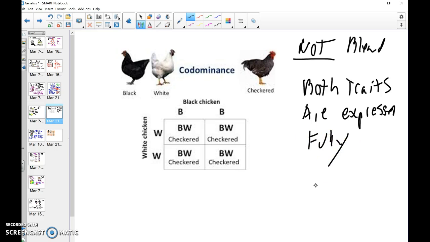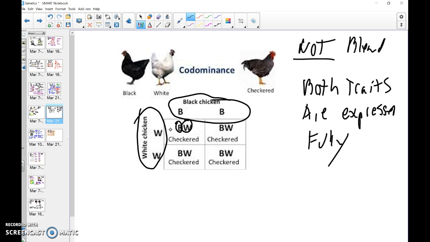Okay, so here's an example with chickens. All right, so you see over here, now they're using two letters, which can be confusing, but it's acceptable. Over here we have white chickens, and white chickens are homozygous for the white trait. And then up here we have a black chicken. Black chickens are homozygous for the black trait. When you breed those two together, every chicken offspring they create will have one allele for the black trait and one allele for the white trait.